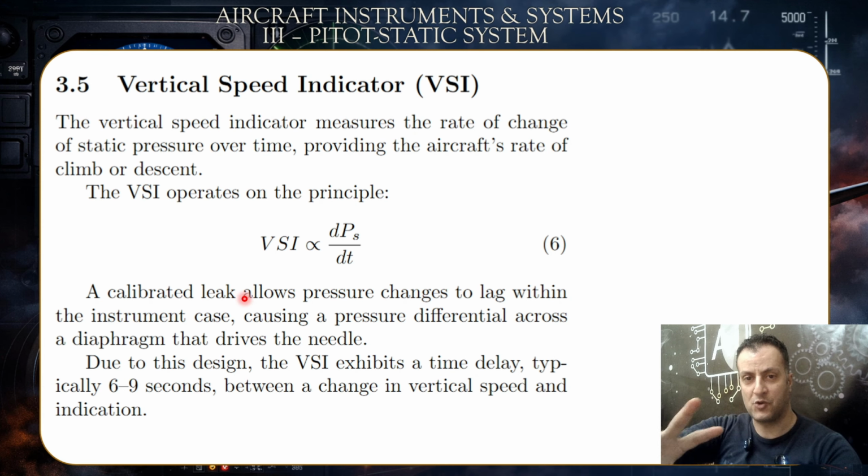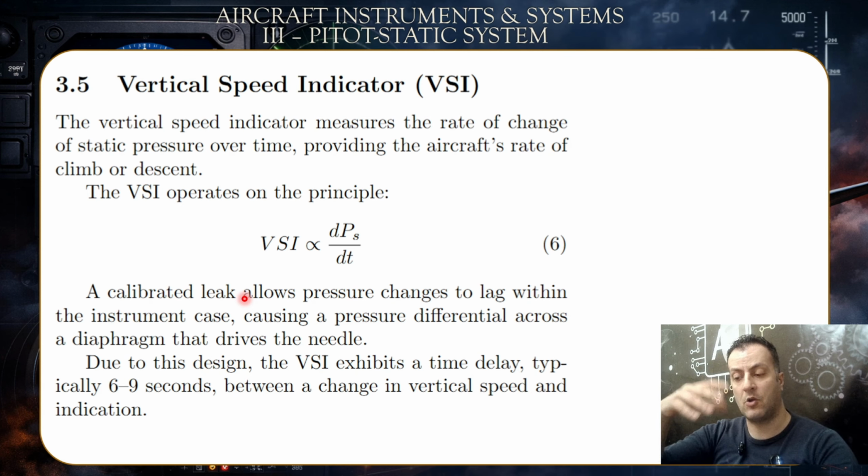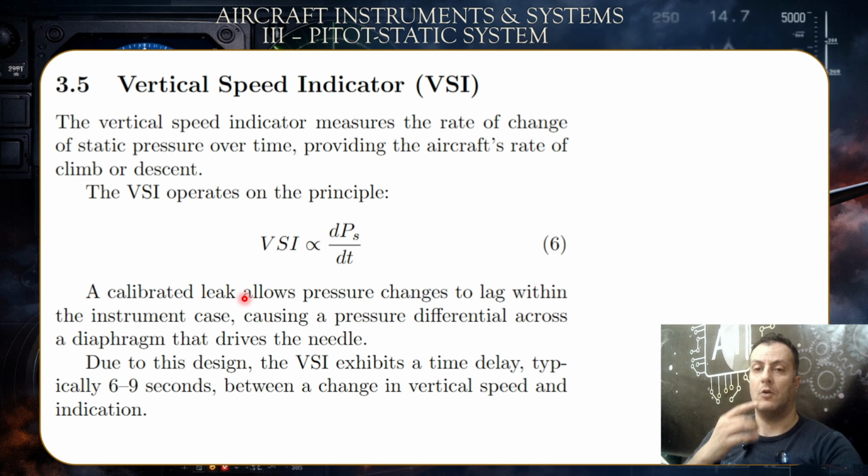So this lagging motion is what will move the needle, and it will move it upward to indicate a positive rate. So a reduction of air pressure would cause a positive rate, the needle moving upward, indicating that the aircraft is climbing.